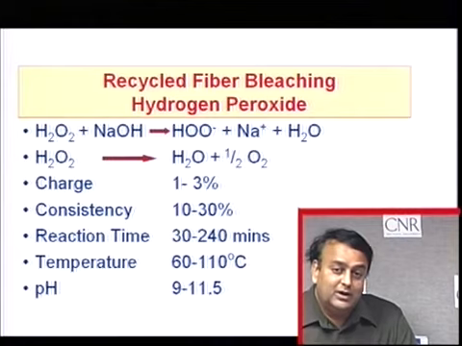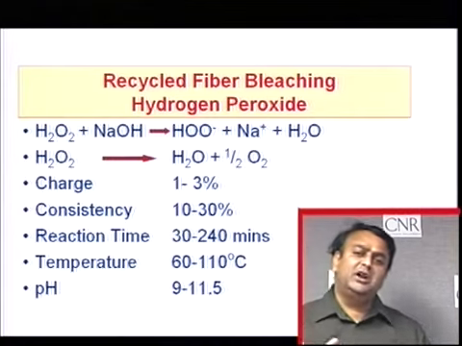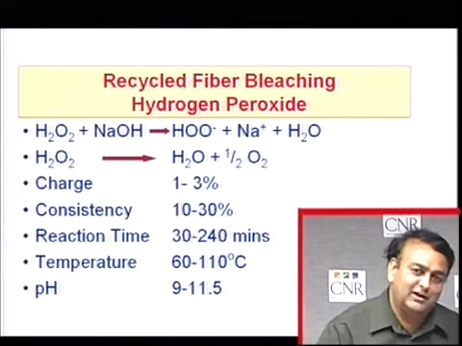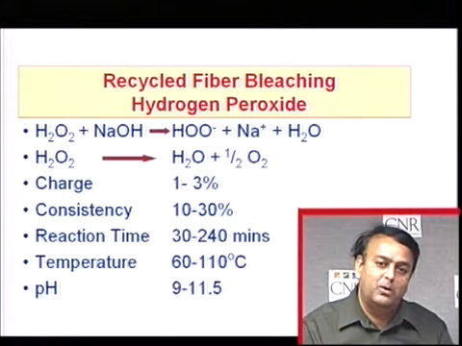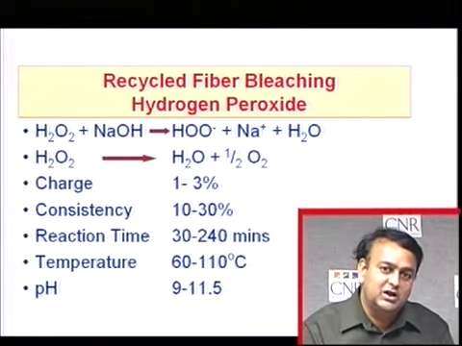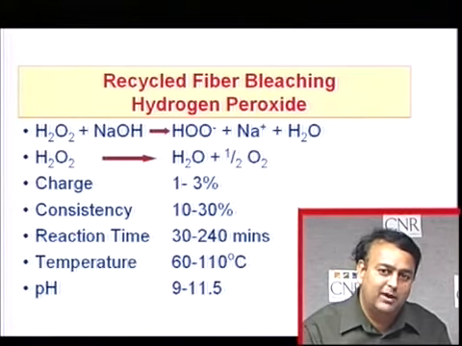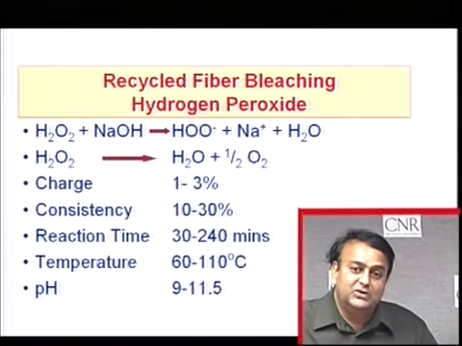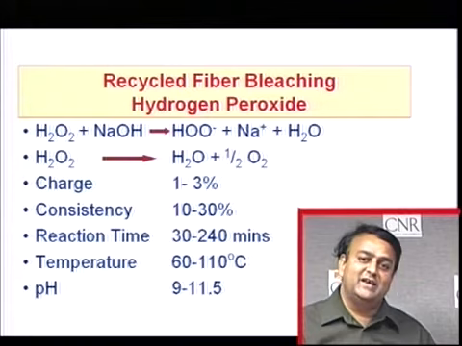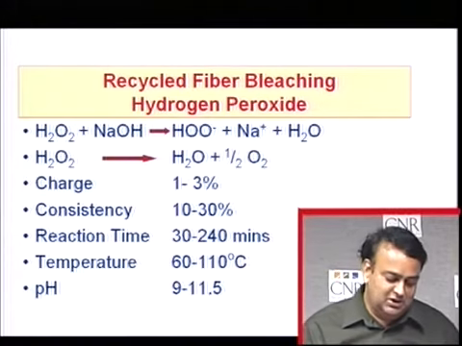Consistency: the higher the consistency, the better, because the concentration of peroxide will be higher at higher consistency, and the perhydroxyl ion can reach that fiber at a higher concentration and attack that fiber and make it brighter. Reaction time is anywhere from 30 to 240 minutes. Temperature and reaction time go together.